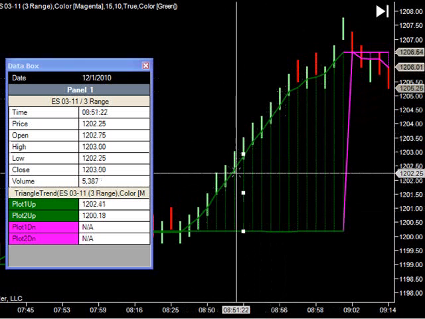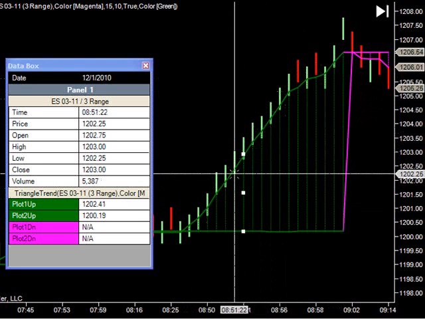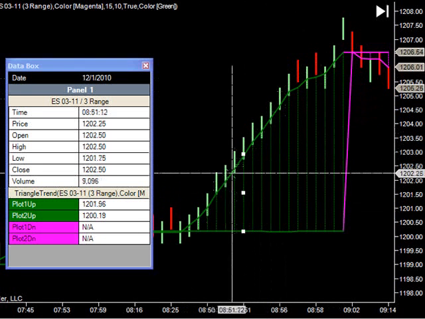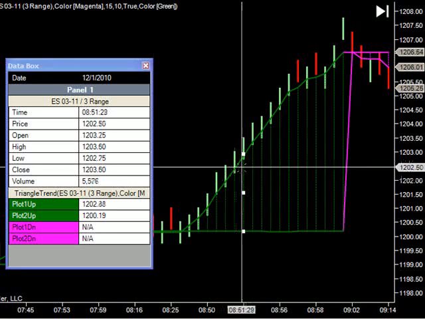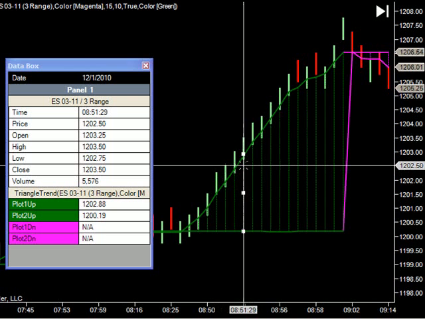Now if we put the crosshairs on one of the bars, we can see on the left here in that plot 1 in the green, to the right of the green window, we can see in this case here 1202.88.